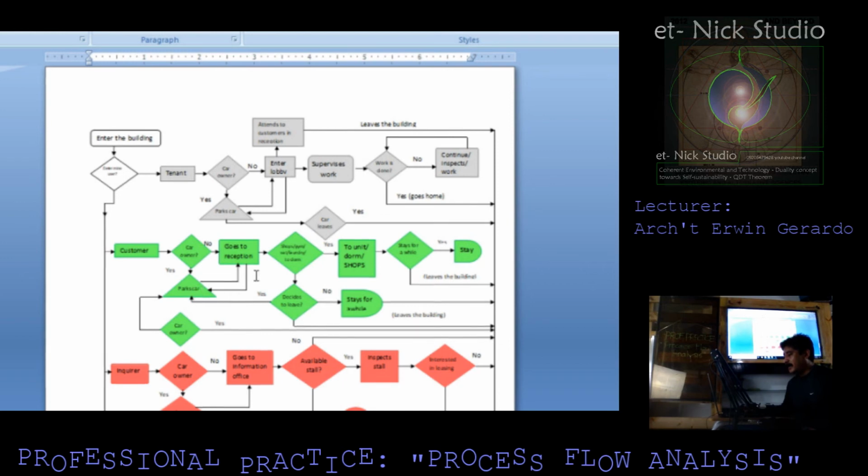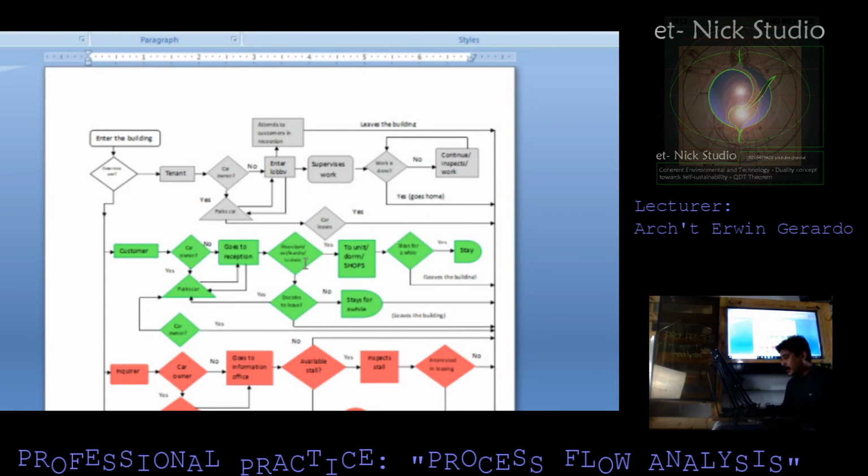Then directly they go to the reception or lobby, after which they could go to the different parts of the building to suit their needs. If they're going to shop, go to the gym or laundry, or simply would like to eat inside the building, then they need to decide whether they will leave or not.